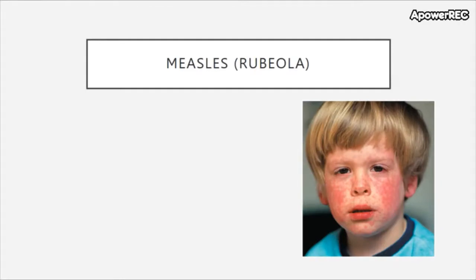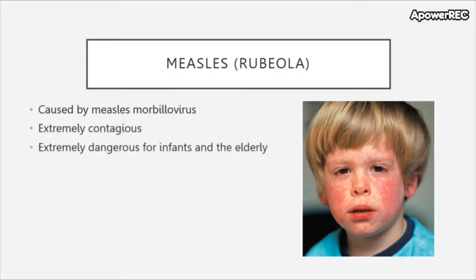Next up is measles or rubeola, which is not the same as rubella. They are caused by different viruses. It's caused by measles morbillivirus. It's extremely contagious. It's extremely dangerous for infants and the elderly. And the portals of entry include mucous membranes of the respiratory system.